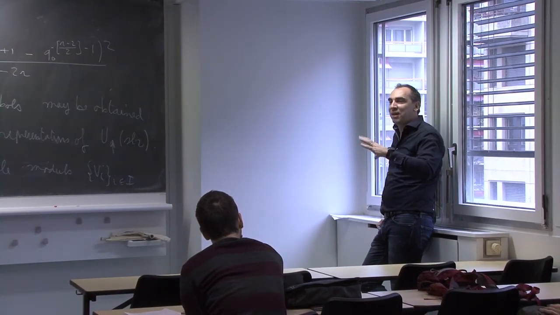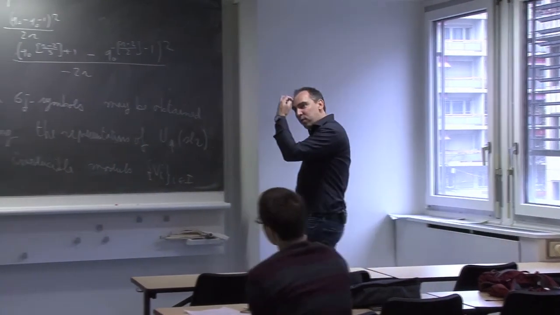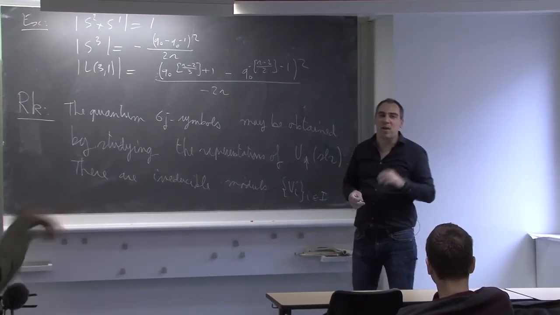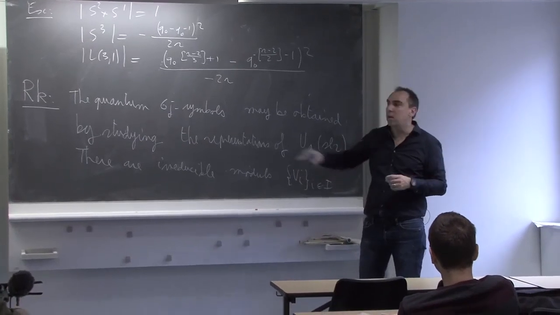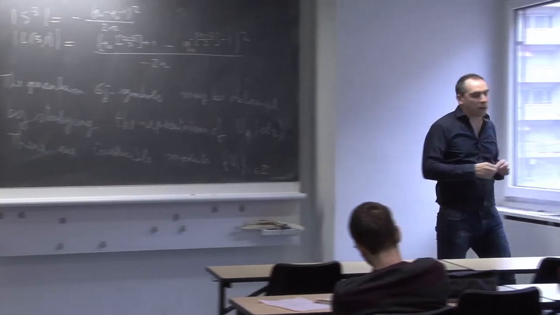So between the 2+1, 2 is space dimension, 1 is time. But of course, we would like to have a 3+1 model of quantum gravity. I'm not an expert on the physical part of it, but this is related to quantum gravity.